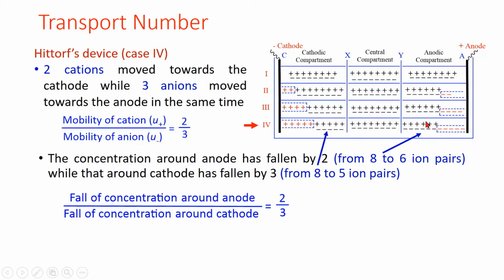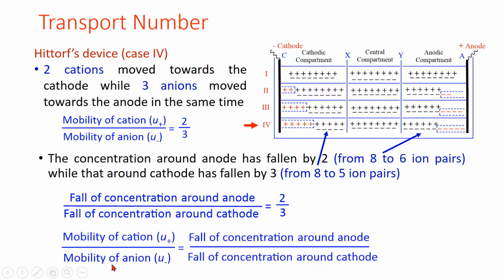Therefore, the fall in concentration around the anode divided by the fall in concentration around the cathode is equal to 2 by 3. Hence, we can write the mobility of the cation divided by the mobility of the anion is equal to the fall of concentration around the anode divided by the fall of concentration around the cathode.